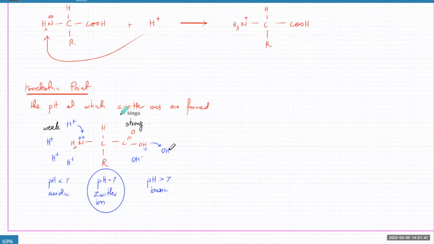Yes, sir. और अगर बेस जो है ना वो बहुत वीक है, तो that means it's not gaining H+ that strongly. So you would have to add a lot of H+ ions ताकि वो zwitterion बन जाए. It's able to gain H+, right? So the point I'm trying to make is कि इसका मतलब है कि zwitterion जो है फिर pH 7 पे नहीं बनेगा.